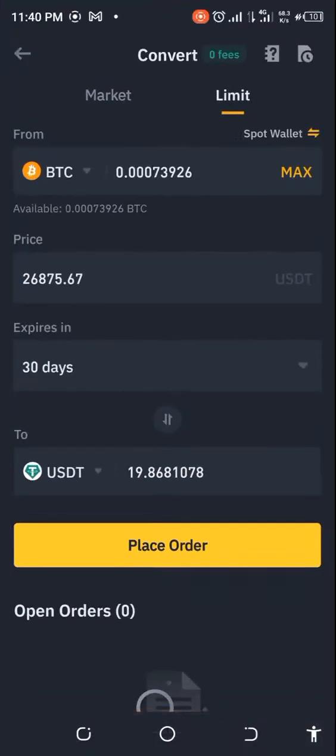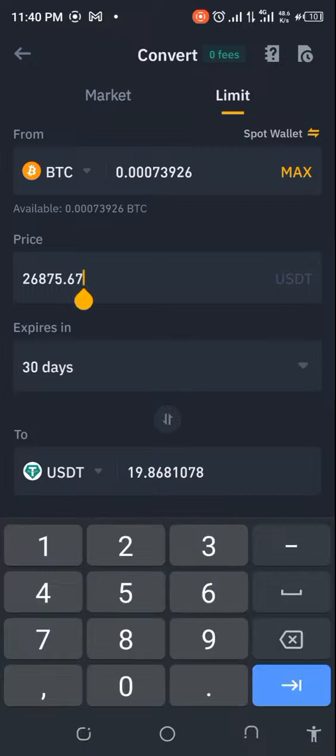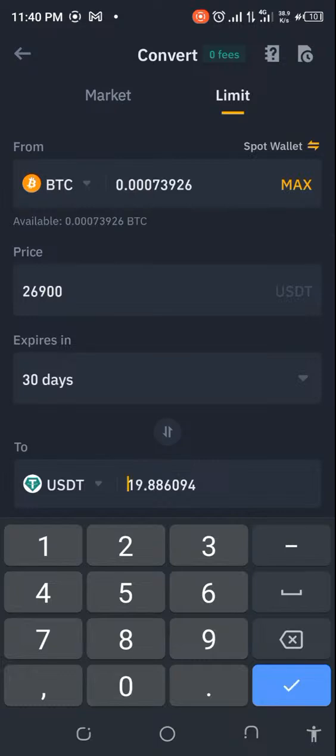19.86. Nah, I want to make sure I have more. So is this going to allow me to have more? I don't know. Let's go and check. See if I make it 26,900. What will I get? Okay, that's 20. It's looking so small.